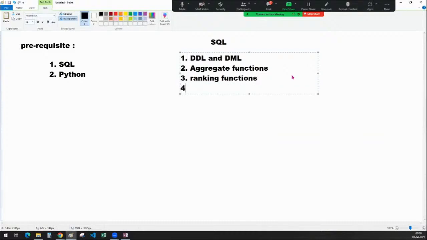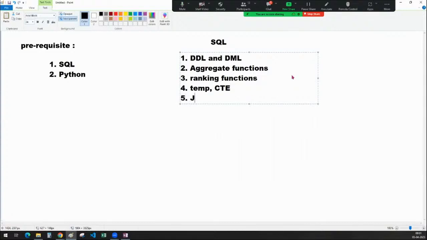The fourth thing is temp tables and common table expressions. In temp tables, there are local temp tables and global temp tables, and then CTEs. And I forgot one more thing.